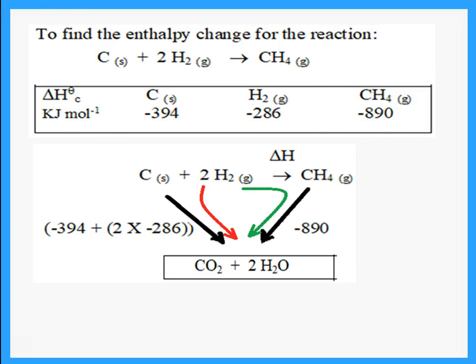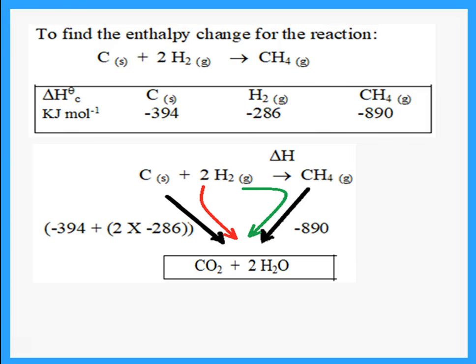That means the delta H of the reaction he's given me, carbon plus hydrogen to give methane, plus the delta H combustion of methane should be equal to the burning of carbon plus the burning of 2 hydrogens. Can you see what we're doing?